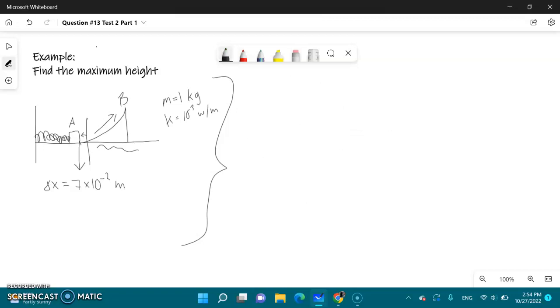So working with this equation of h_B is equal to half of k x squared over m g, we can start plugging in values now. So we do know the half remains. We know the spring constant in this case is 10 to the third, and then we know that x, or the displacement in this case, is actually 7 times 10 to the negative 2 meters, and then this part is squared as well.